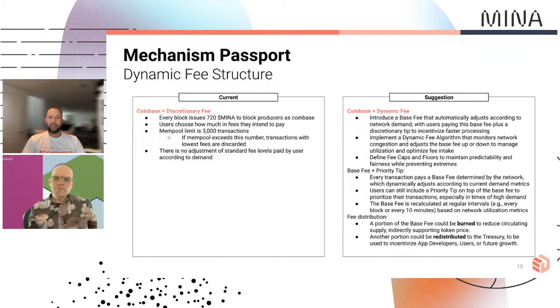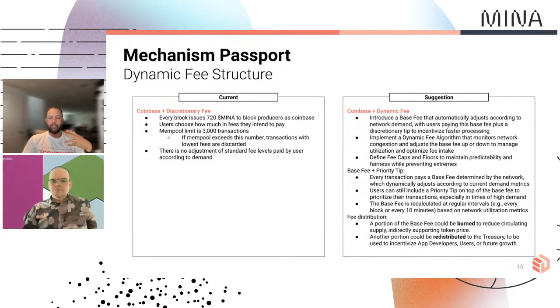So the idea is we would have a Coinbase fee plus a dynamic fee, which means that the base fee would be defined by the protocol, which includes the Coinbase and dynamic parts. And then there will be the priority fee that everybody's familiar with today, that would potentially be decided by the end user.